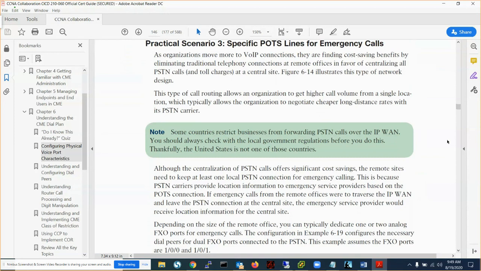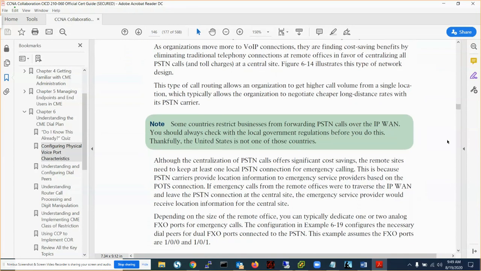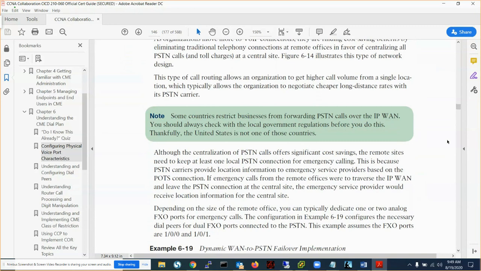Right. So as organizations move to web connection, they are finding cost saving benefits by integration. This type of setup allows the organization to get higher quality at a single location with simple value.